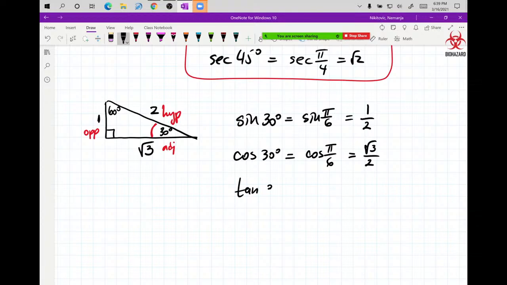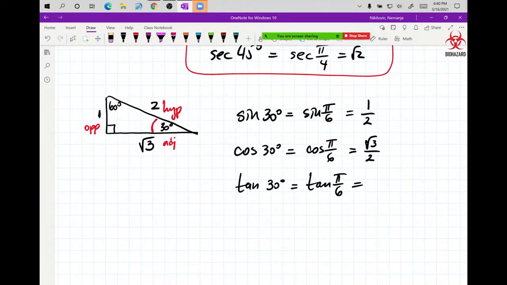Tangent of 30 degrees, which is actually tangent of pi over 6, is what? Anyone? 1 over square root of 3. Perfect. And then we have to rationalize. So it works out to be root 3 over 3. We don't like roots in denominator.